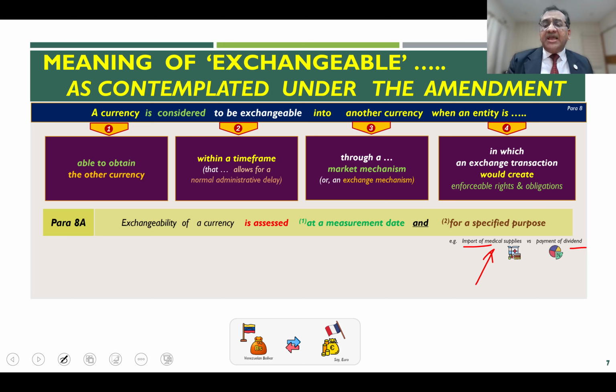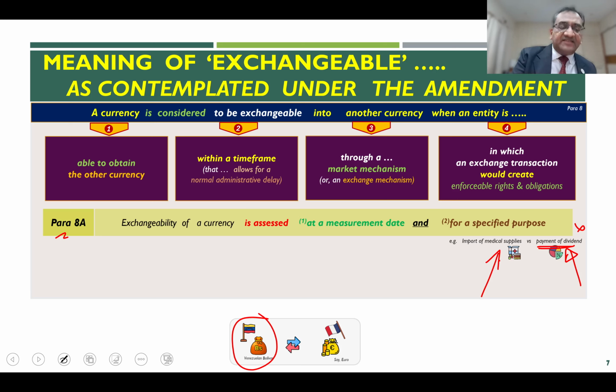There may be circumstances where, because of exchange controls placed in a particular country, let's say Venezuela in our example, the import of medical supplies might be permitted, but payment of dividend may not be permitted, or is permitted only within certain limits.